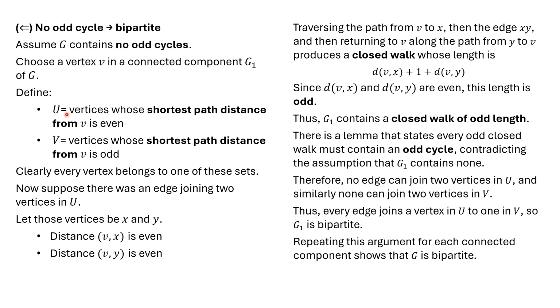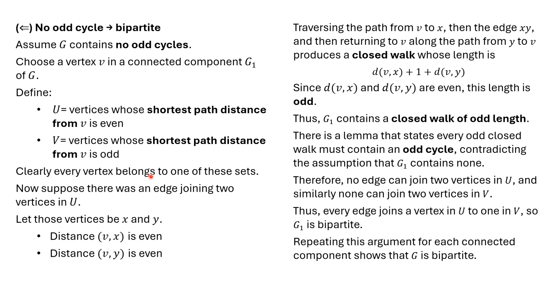We let U be the vertices whose shortest path from our vertex V is even. So this is like our x sub 0. I could have used the same variable, but I changed it to V here. And then let capital V equal the vertices whose shortest path distance from V is odd.